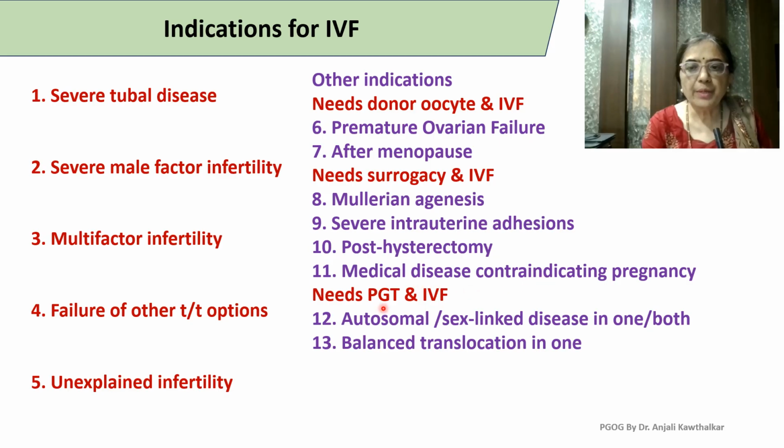Those who need pre-implantation genetic testing, such as one or both the partners are affected with either autosomal or sex-linked diseases, or there is a balanced translocation in one of the partners. So you remember like that only, because these five are easier to remember. But then group them under these three categories as those who are in need of donor oocyte, those who need surrogacy, and those where pre-implantation genetic testing is indicated.